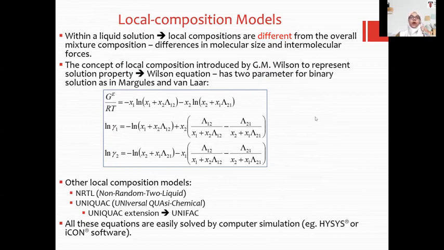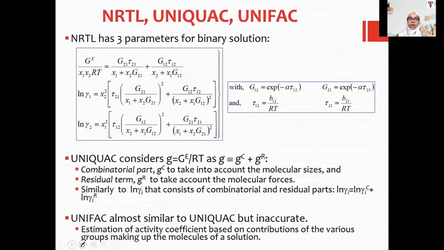The common local composition models are NRTL, UNIQUAC, or the UNIQUAC extension known as UNIFAC. Because these models investigate the interaction, we use a computer simulation tool to obtain the value, or we can use the equation, which can be solved by computer simulation.